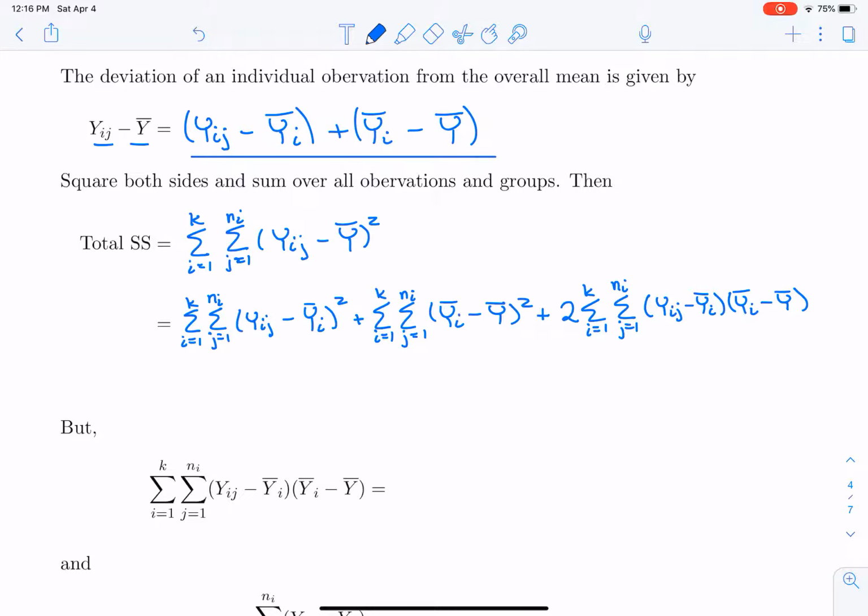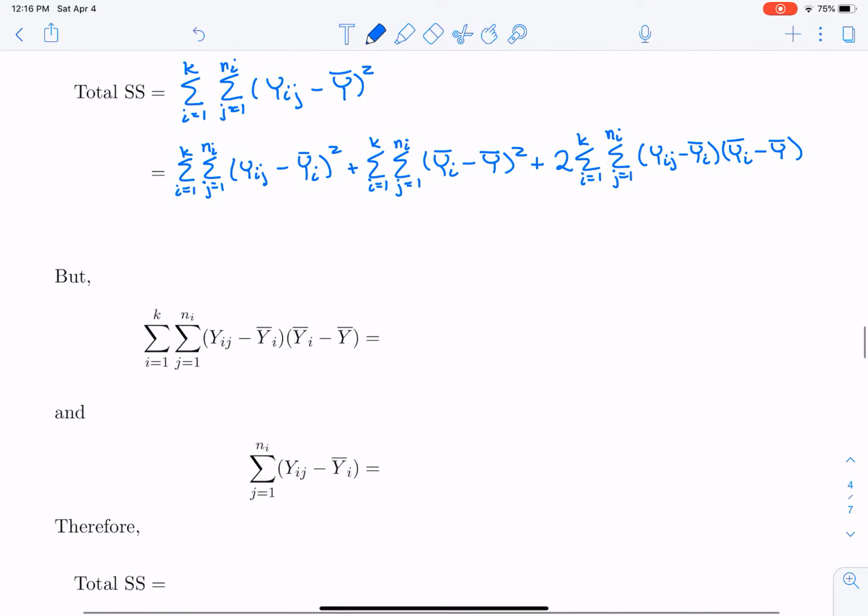So just so you understand, I basically took a plus b squared and said that that's equal to a squared plus b squared plus 2ab. I specifically want to look at the 3rd term. So I've got that double sum, and then I have y sub ij minus y sub i bar times y sub i bar minus y bar.